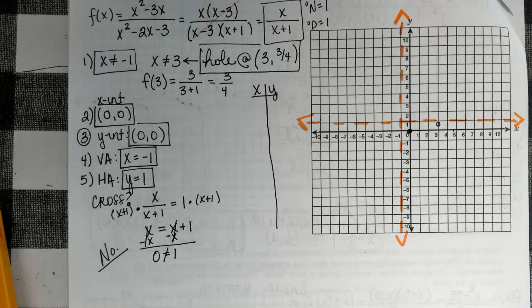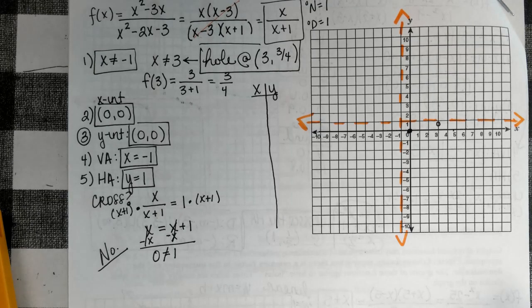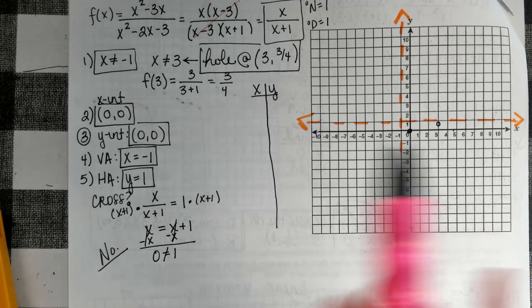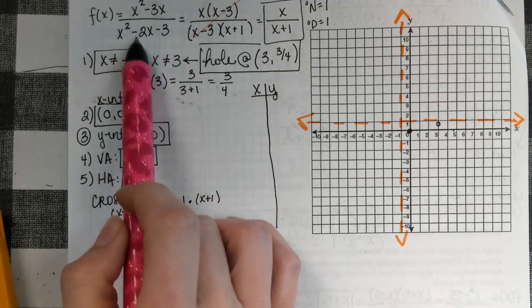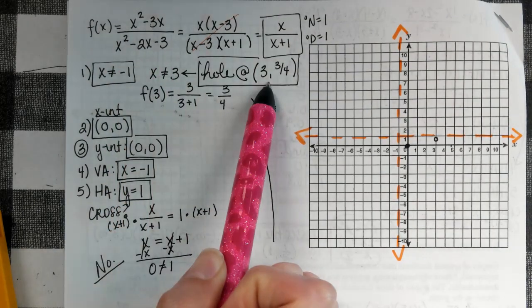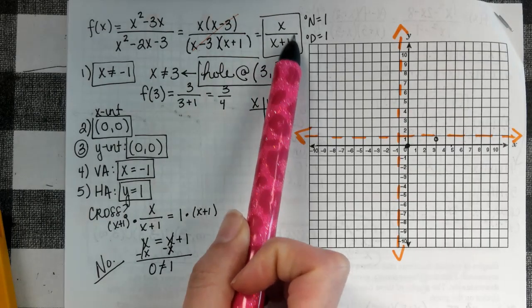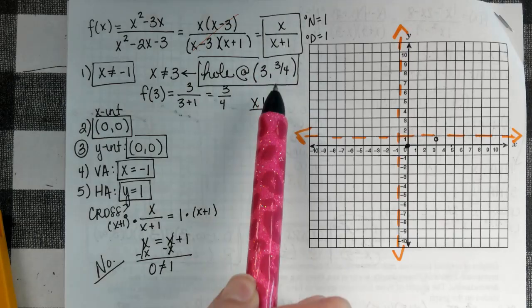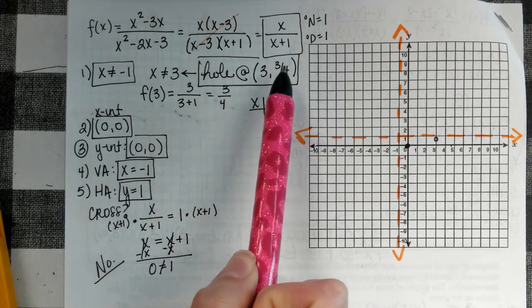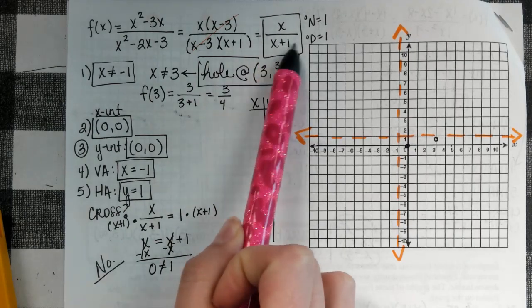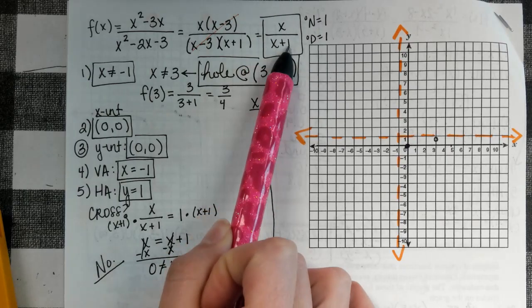Now, when you have a problem with a point of discontinuity, when you type it in your calculator to graph, if you type in your original, it will have an undefined for this hole. If you type in your simplified version, it will give you that 3 and 0.75 because technically there's nothing wrong with the simplified version.